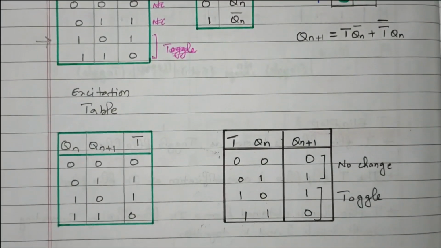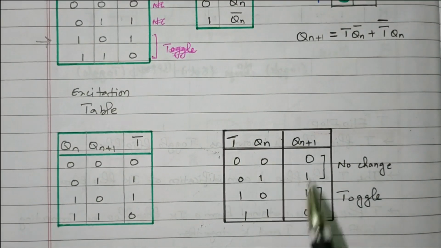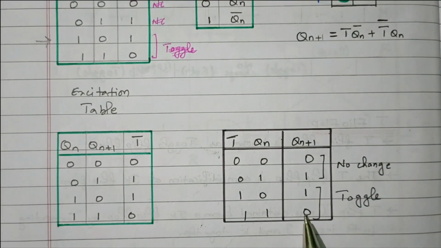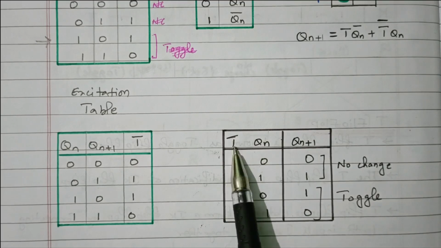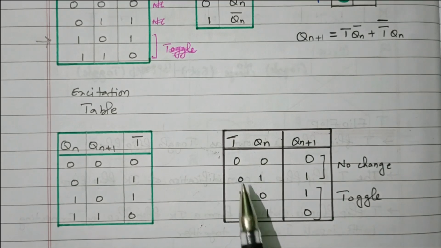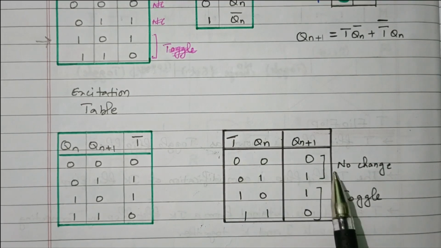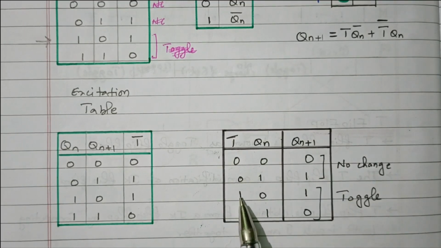So the same truth table is written in another manner, with T and Qn plus 1. This Qn plus 1 depends upon Qn and T: 2 variables, 4 combinations. T is 0 means no change. T is 1 means toggle, 0 becomes 1, 1 becomes 0.